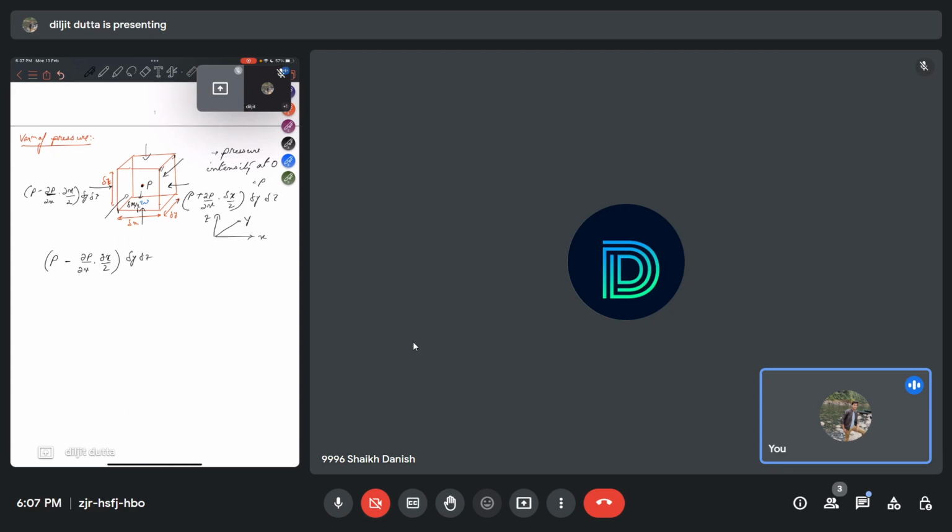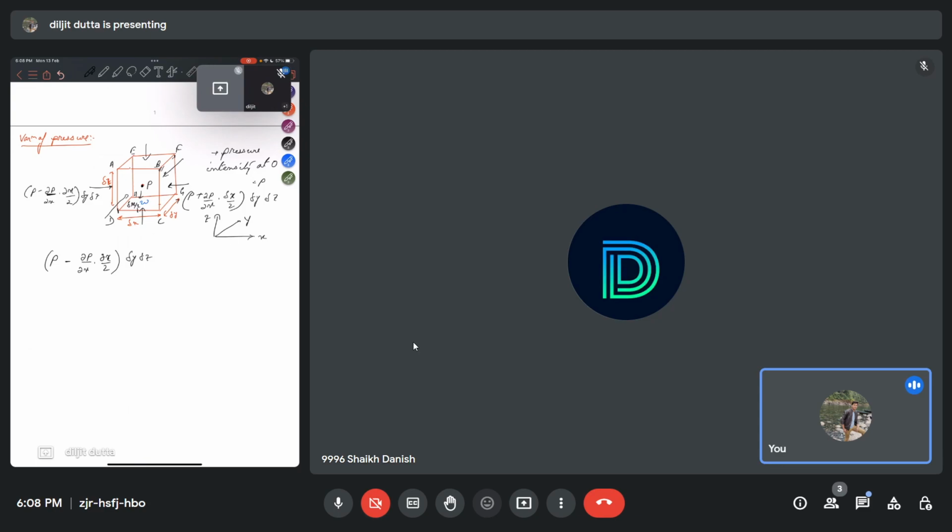I will just mark the surfaces for convenience. Okay, so this is for x. We know that the system is in equilibrium, since we are taking a static fluid, not a moving fluid.